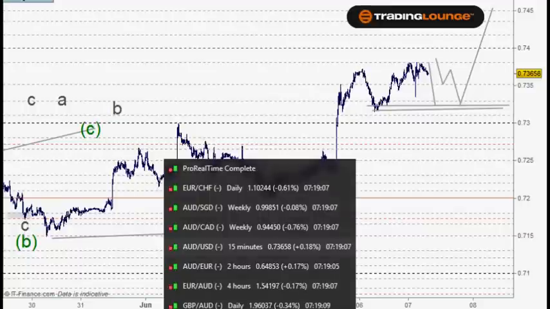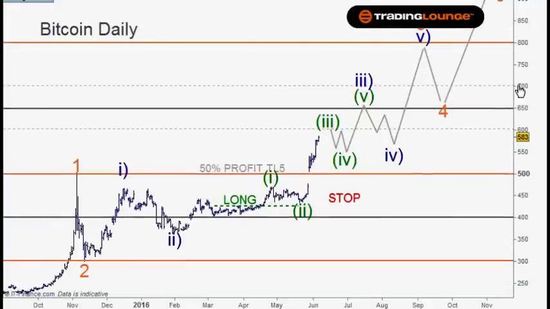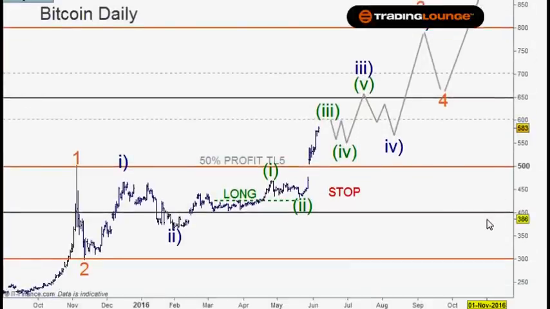I also just want to have a quick look at Bitcoin as well, because we're still long in Bitcoin here, and there's a very powerful structure unfolding here. Looking at this as wave 1 and 2 here, I've rearranged it a little bit as well. Not that it matters. So wave 1 and 2, moving all the way up here.